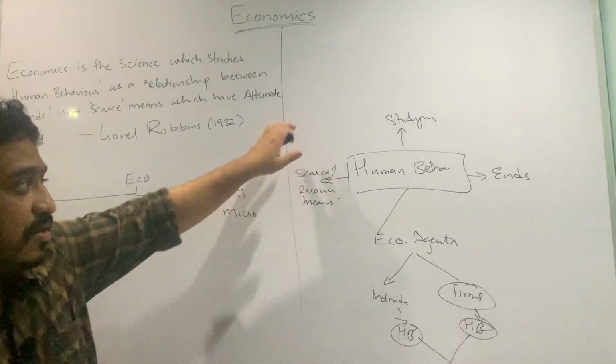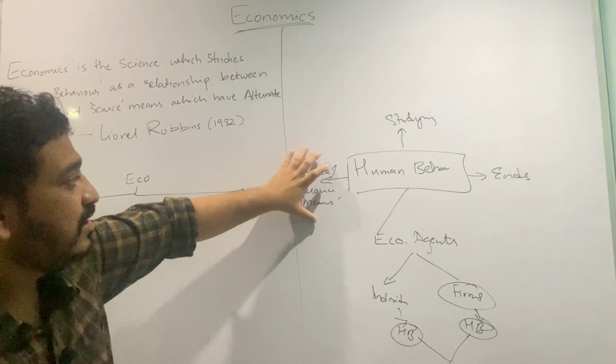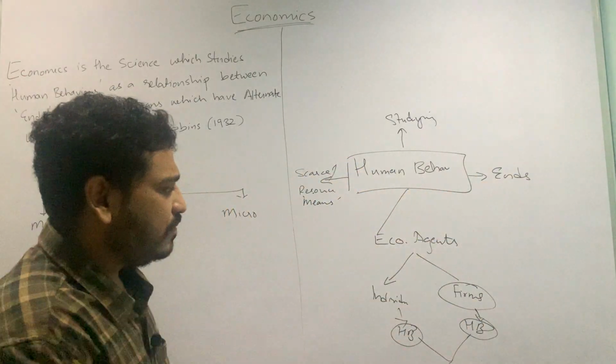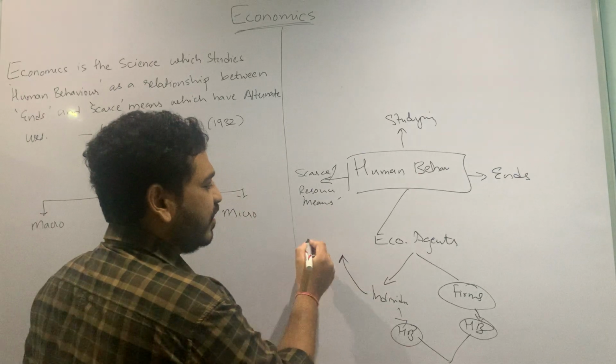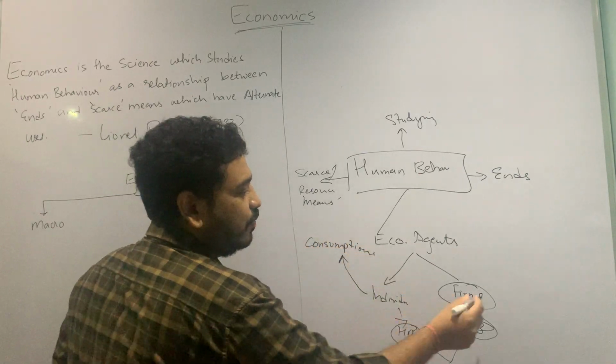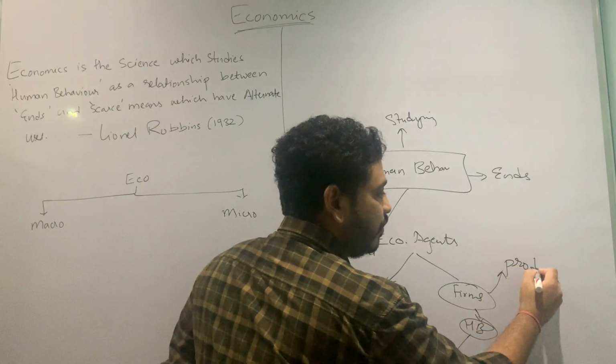So economics is studying human behavior given scarce or limited resources to meet certain ends. An individual may be trying to figure out his consumption decisions, whereas firms are looking at production decisions.